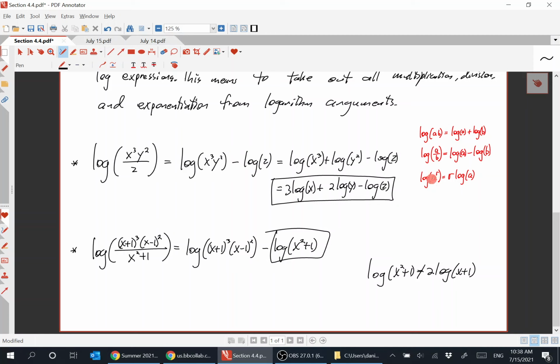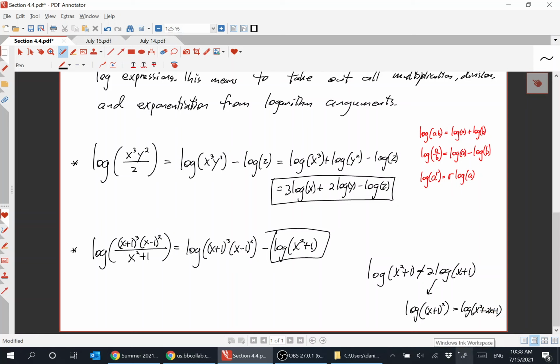The exponent is on top of all the a. Then you bring down the r. So this actually means log of x plus 1, that whole thing there, squared. Right, so this is actually log of x plus 1, the whole thing, squared, which is the log of x squared plus 2x plus 1.